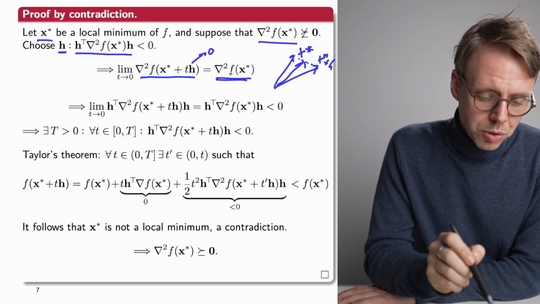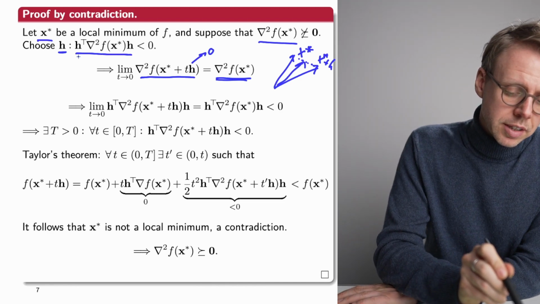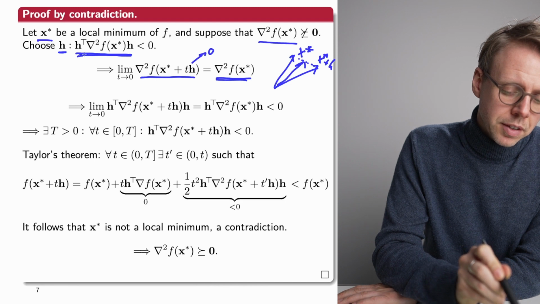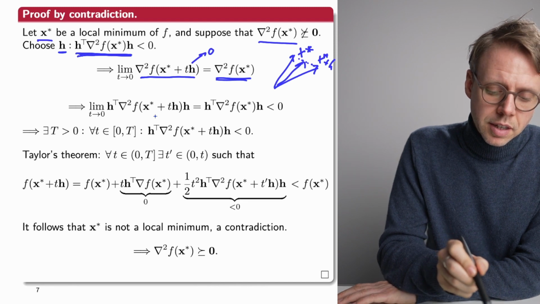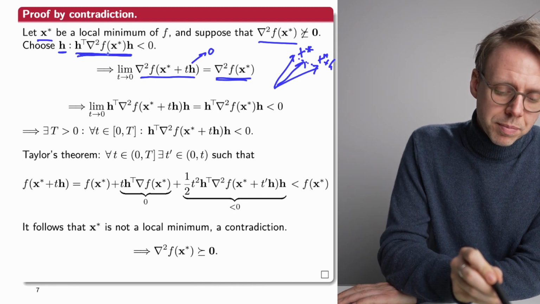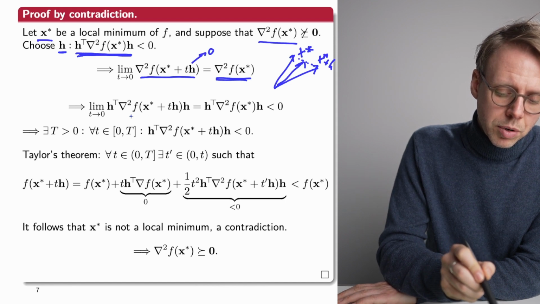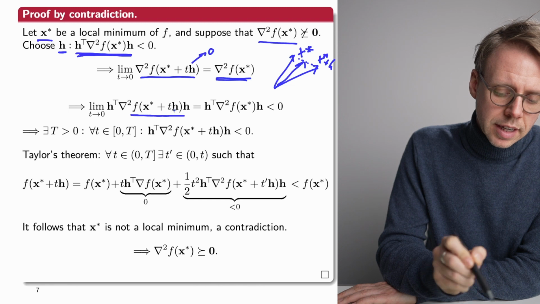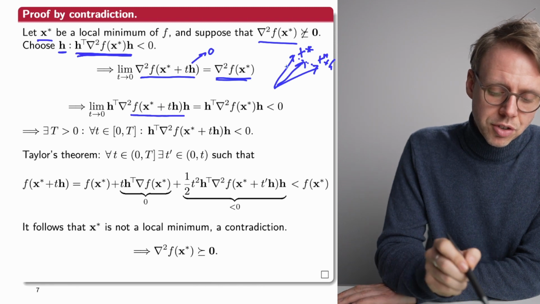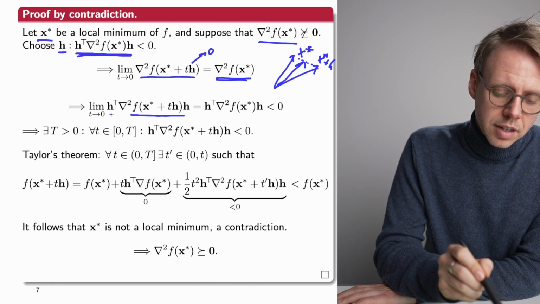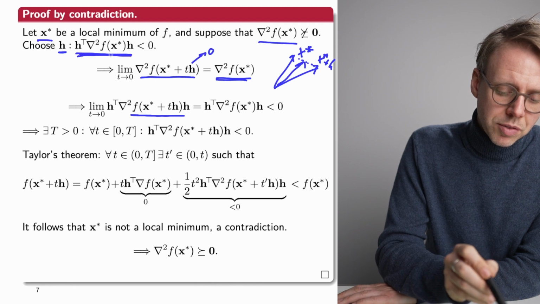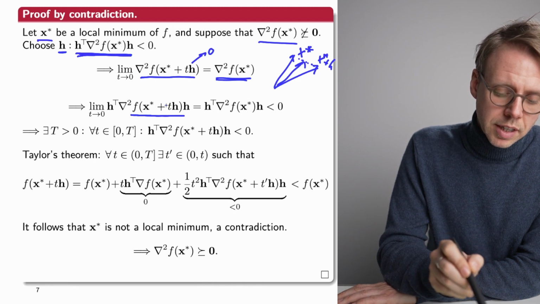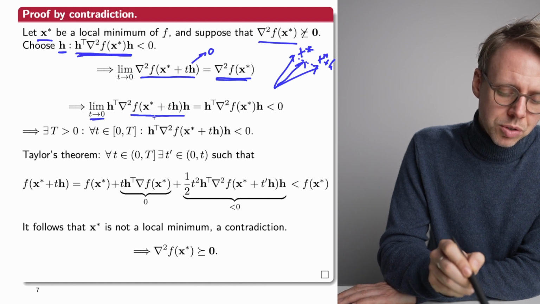It also follows that if we actually look at this squared form here and replace in the squared form the Hessian of f at x star with x star plus th, and instead of taking the squared form in the Hessian at the point x star, we're taking the Hessian at the point x star plus th and let the limit again go to 0.